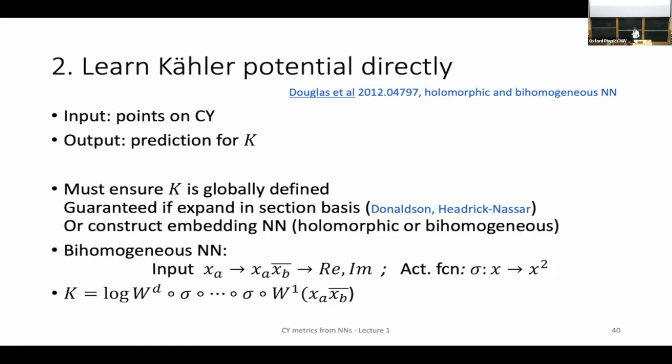So the activation function that is chosen in these experiments is just the square. So you square your data as you go from one layer to the other, which is obviously nonlinear, so that works. And it's also changing the homogeneous degree of your data inside your network in a very clear way. You know what's happening. And with that, you can check that the Kähler potential that you predict is indeed globally defined.